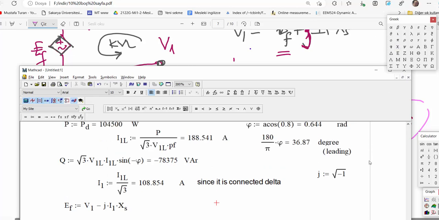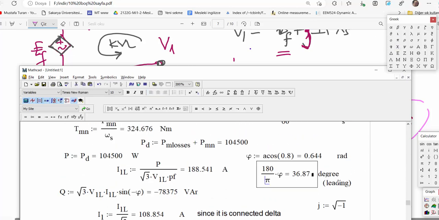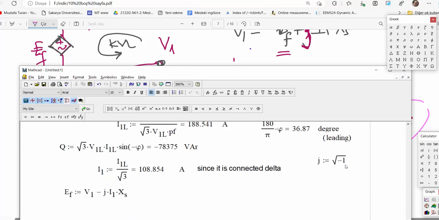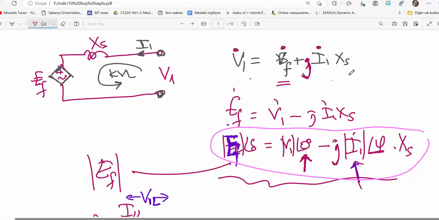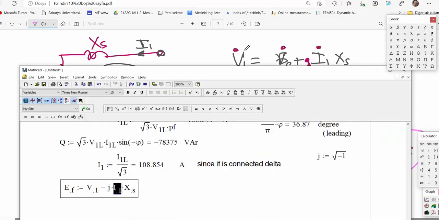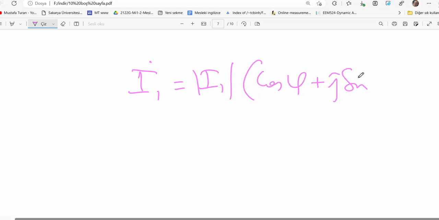What about phase angle? Phase angle is leading positive angle, but you should make these elements a phasor. Houston, you should make it phasor. How can you manage this? There are two possibilities. You can write I1 phasor, I1 magnitude times cosine phi plus j sine phi.